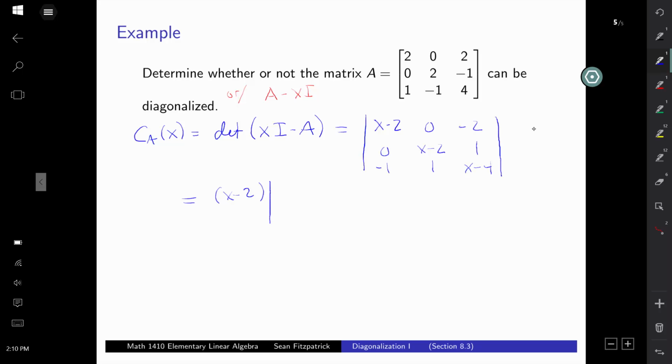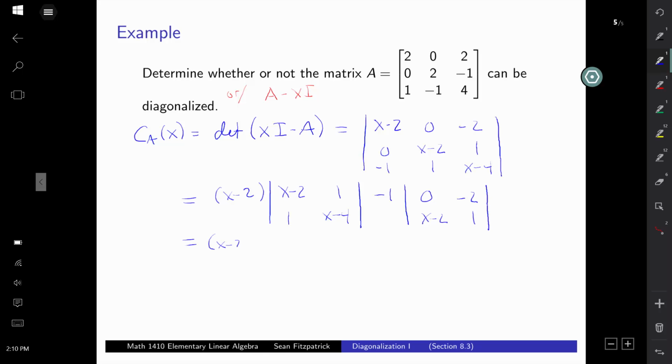So I've got x minus 2 times the determinant of x minus 2, 1, 1, x minus 4, minus 1. That's this minus 1 right here. Minus 1 times, if I delete row 3, column 1, I'm left with 0, minus 2, x minus 2, and 1. Okay.